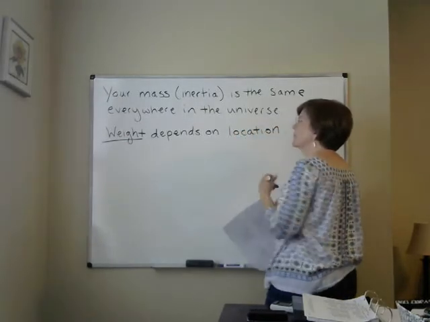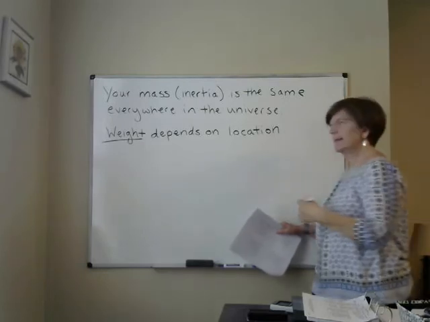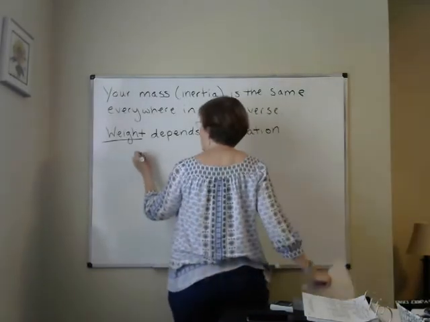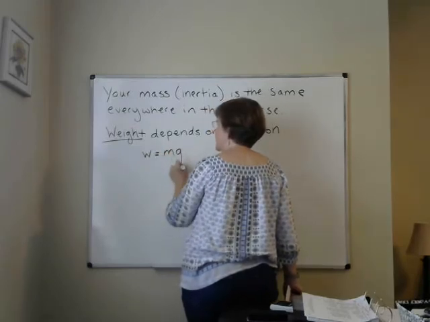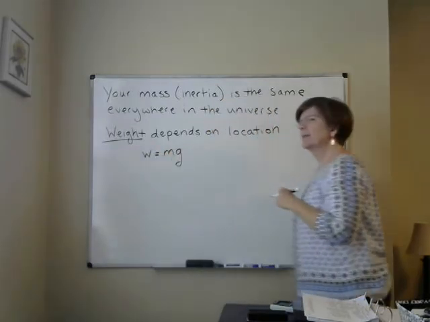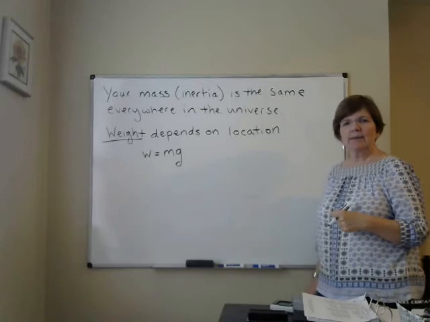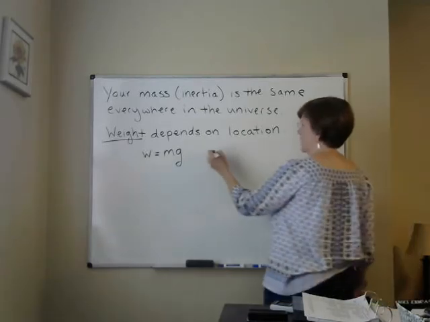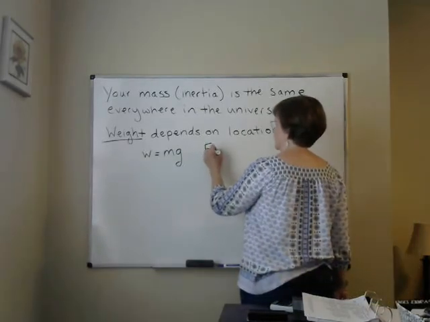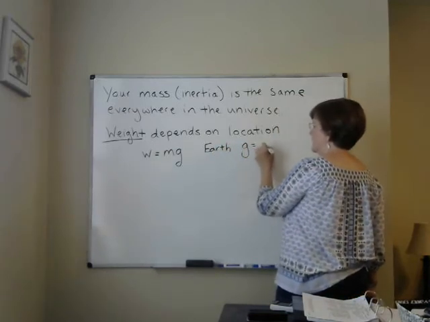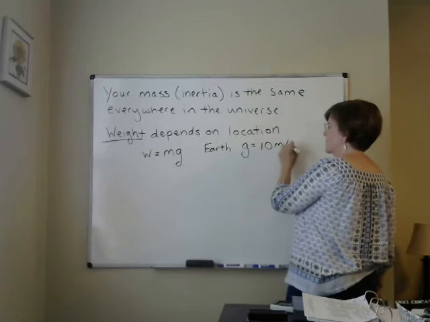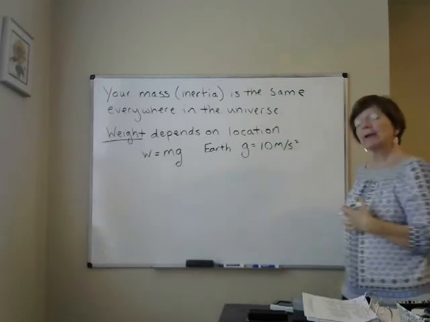The actual formula to figure out weight is that the weight of an object is equal to its mass times the acceleration due to gravity. Weight is equal to mg. Now, if we're on Earth, g is 10 meters per second squared. We've talked about that already.